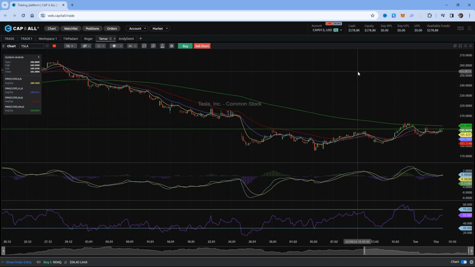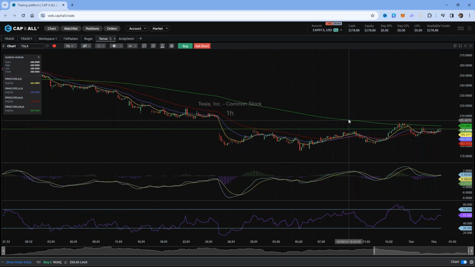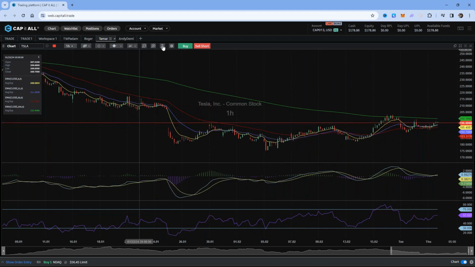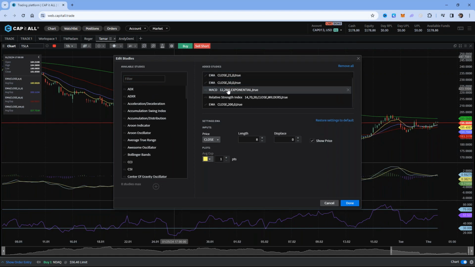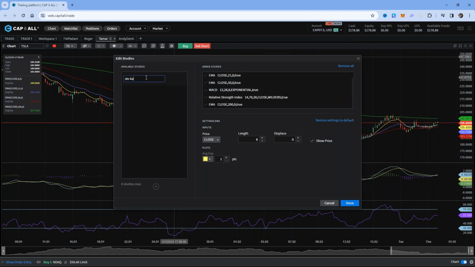Now, we haven't mentioned the stochastic yet, and that's simply because the stochastic is generally quite good with rangy markets. Because this is quite rangy, this area here, I want to bring it in and show you how it works.